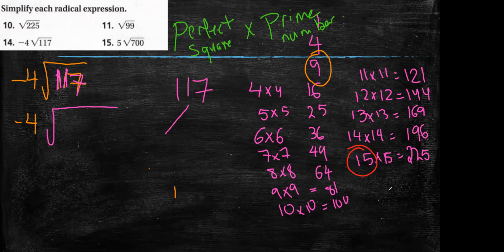Look at 117. 7 plus 1 is 8, 8 plus 1 is 9. 9 is a multiple of 3.